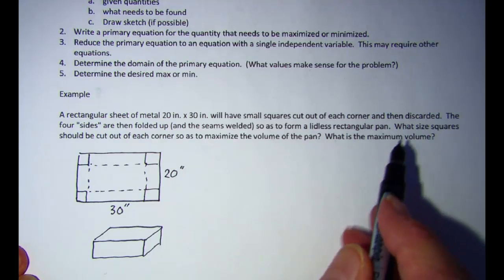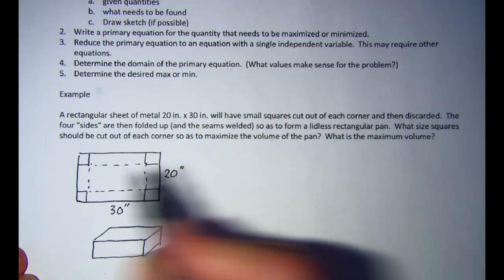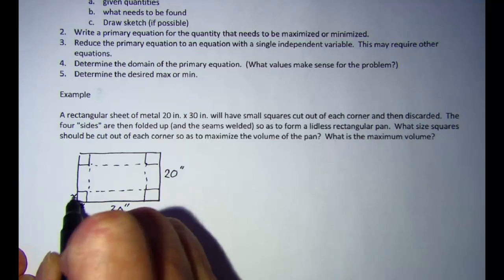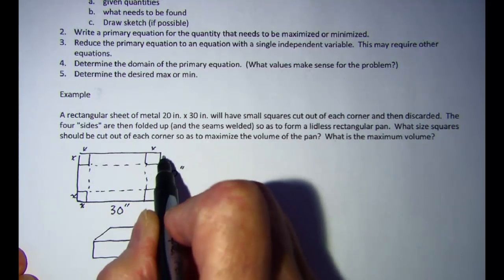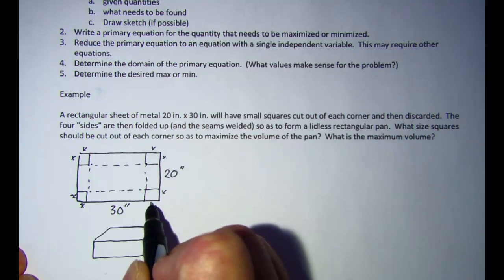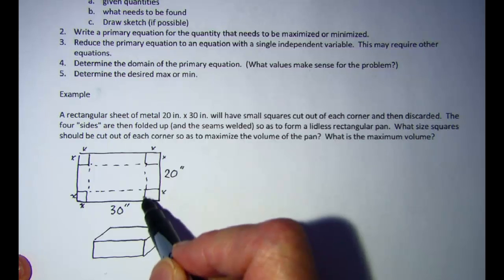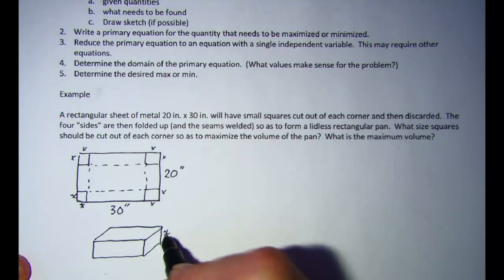Our question is, what size squares need to be cut out of each corner? So let's let x be the dimensions of the squares. When we fold this side up, our x is the height of the pan.